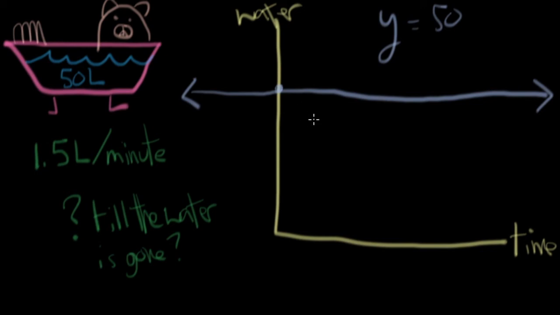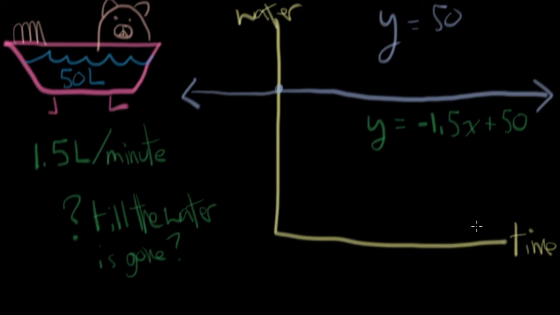Hopefully what you're saying is, well, the water's going out, so it's negative, and my rate would be 1.5. X would be my minutes, and I start with 50 liters in there. And I just want to know how many minutes it would be.